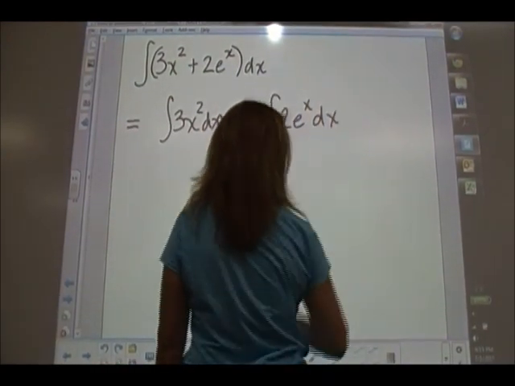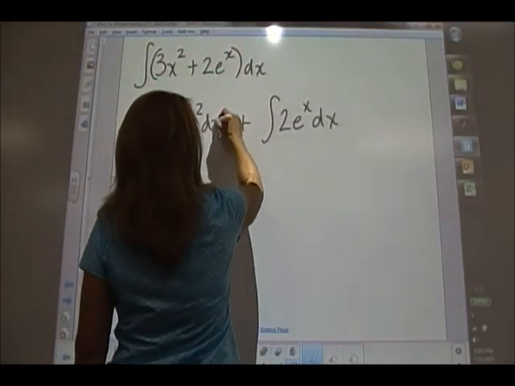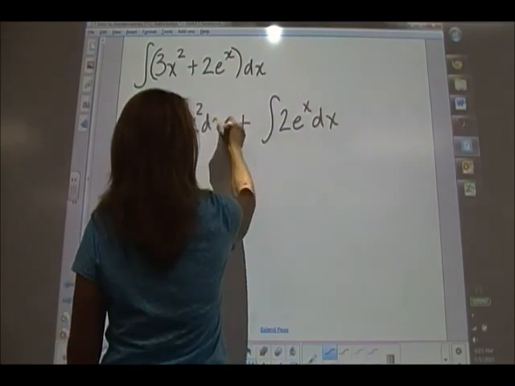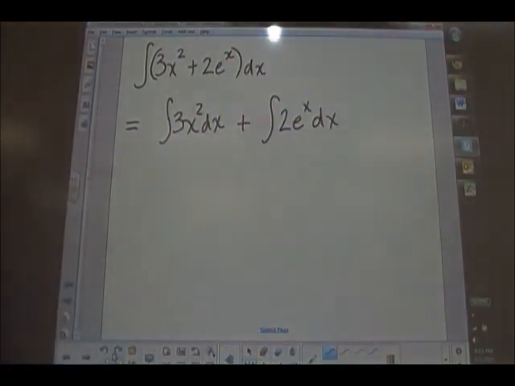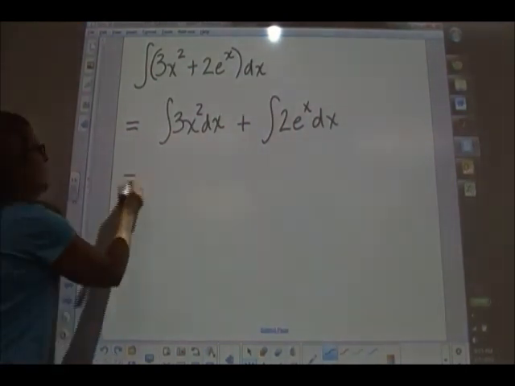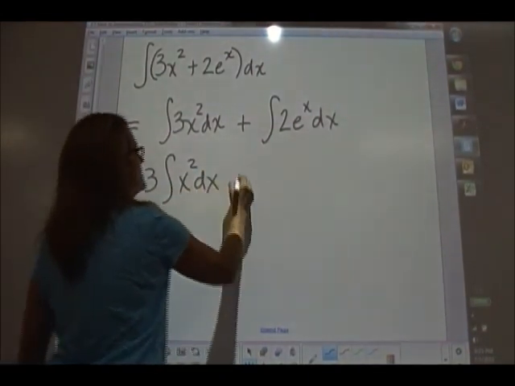So all we did, we haven't done any integration. We've just used the rule that allows us to split up our two pieces. Step 1 brings coefficients out. Number 1, bring out the constants as coefficients. Good.